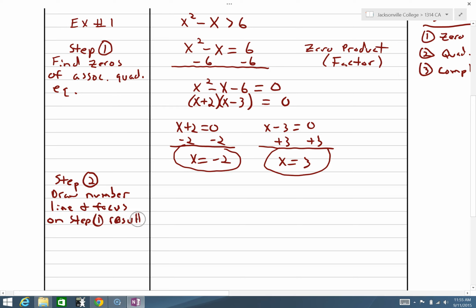So the numbers that came out right here, these are going to be the important numbers on my number line. I'm drawing a number line. All right, I'm not worried about 0. I'm worried about negative 2 and 3. Here is negative 2. Here is positive 3. Okay, these are the key numbers.